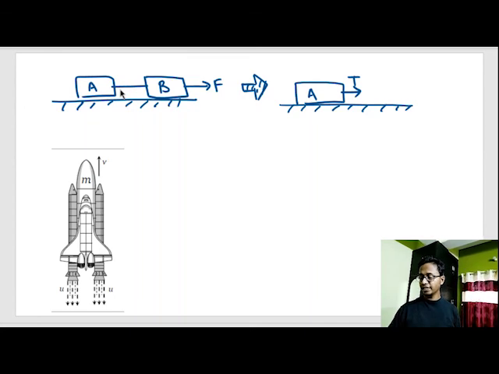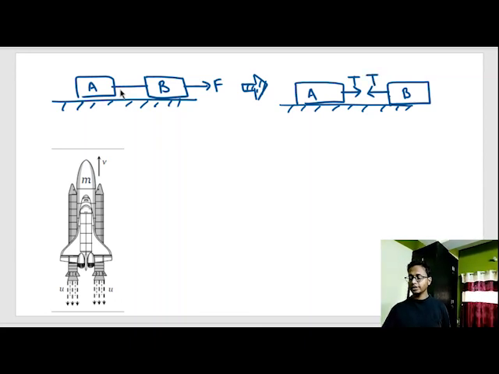Newton's third law of motion says the force with which the rope pulls block A towards the right is equal to the same force with which the rope pulls block B towards the left.